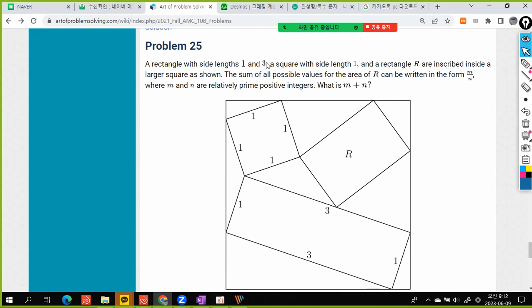This big square's side length is 1, and we want to find the area of this rectangle R. We want to find the sum of the areas of R. So there is more than one type of rectangle in the place of R. That's the question.